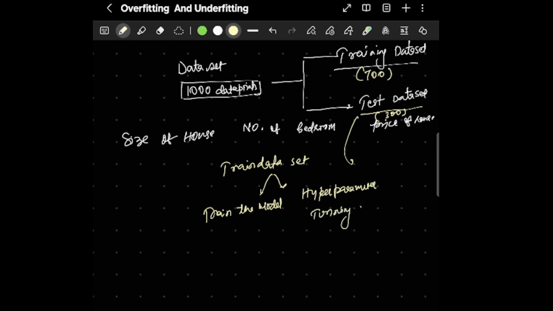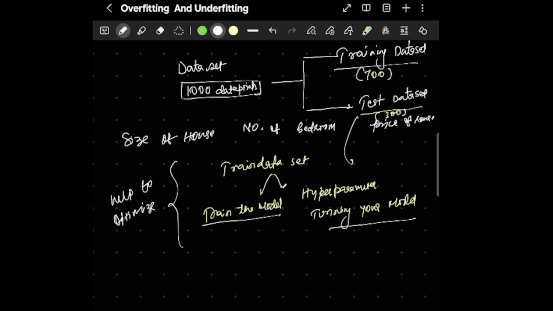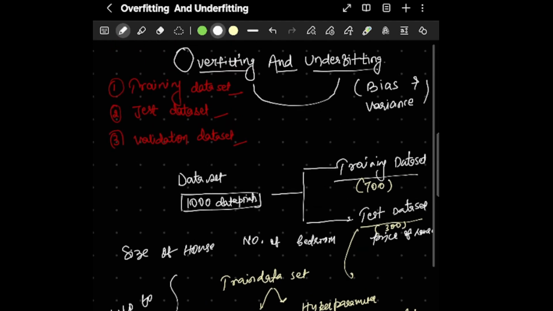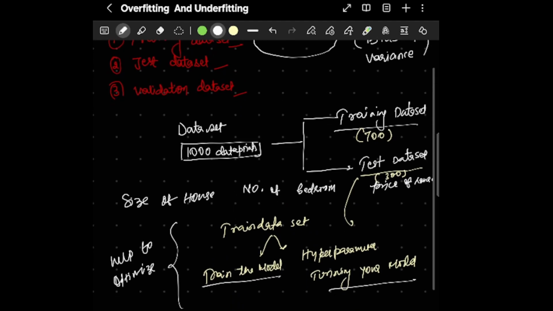The train set is used to train the model, while the validation set is used for hyperparameter tuning to improve the model performance. Understand? So combining the train and validation data helps us optimize the model. Hope all the concepts are clear.